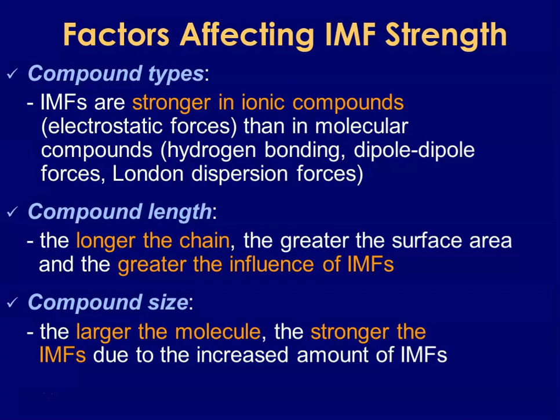If you have a longer chain making up part of your compound, you have more places where those intermolecular forces can form due to the greater surface area. And if you have more of those intermolecular forces, that can have a greater impact than maybe one single place where dipole-dipole forces could occur. And then finally, the size. We talked about the polarizability. The larger your molecule, the stronger your IMFs, just because you can have more of those IMFs present.